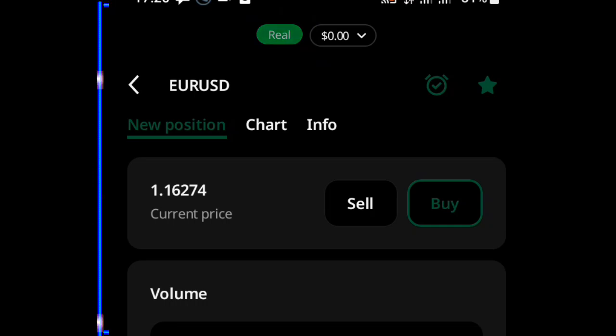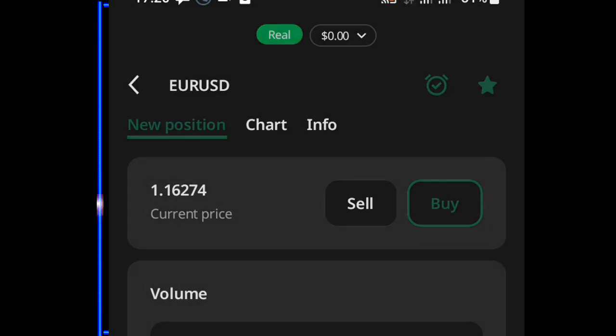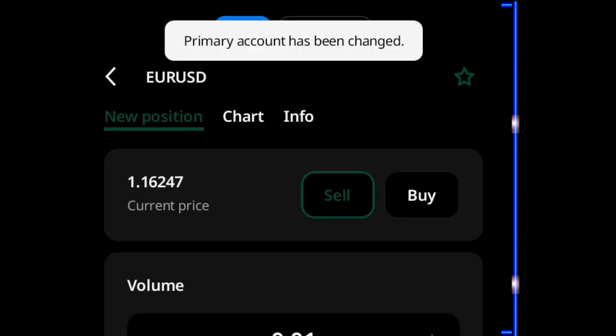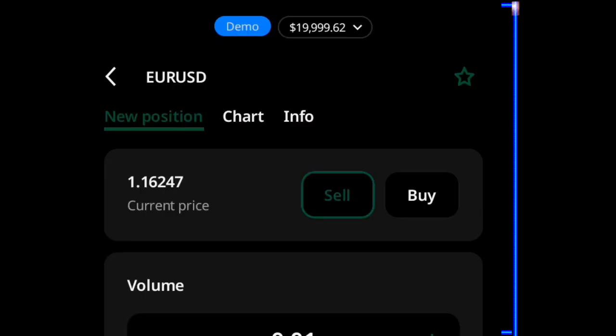You click here and you will see position transactions available only for the demo standards. This is where you can change from real position to demo. Now, you click here, change account here. Once you click here, it has changed our account to demo.